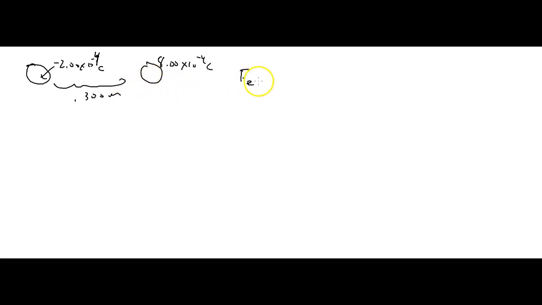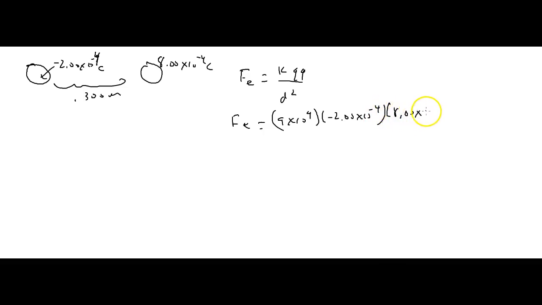We just use force of electricity is equal to KQQ over D squared. The force of electricity would therefore be equal to 9 times 10 to the ninth times the first charge, which is negative 2.00 times 10 to the negative fourth, times 8.00 times 10 to the negative fourth, all over 0.3 squared.